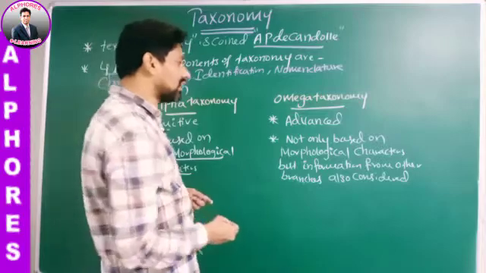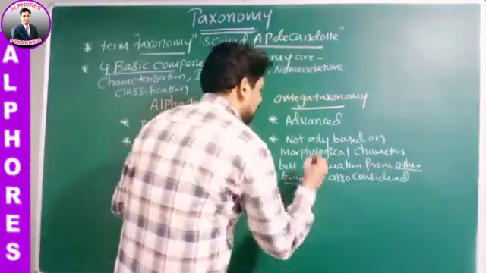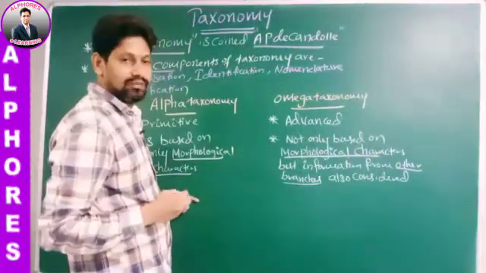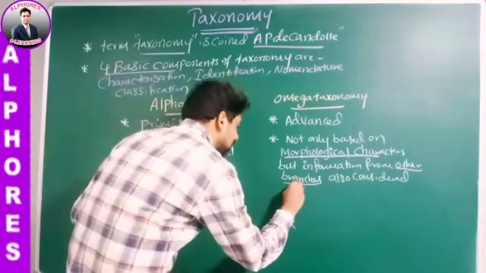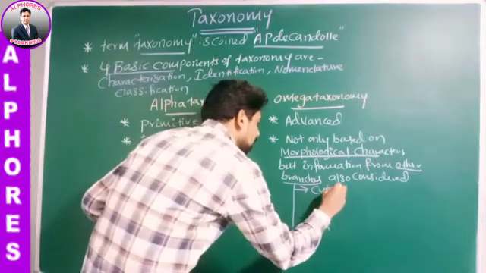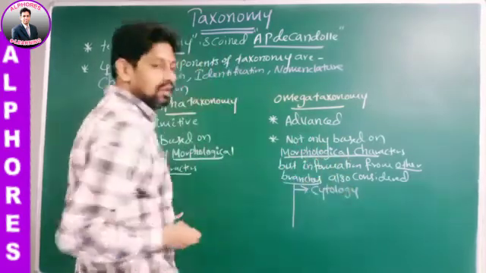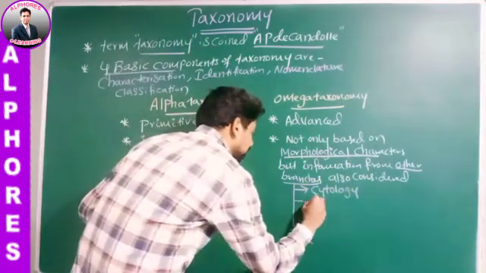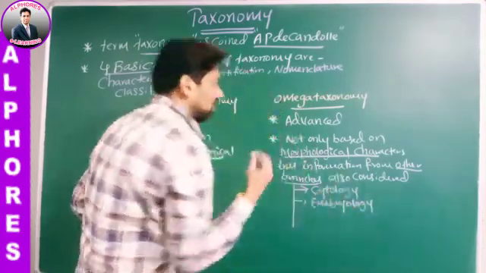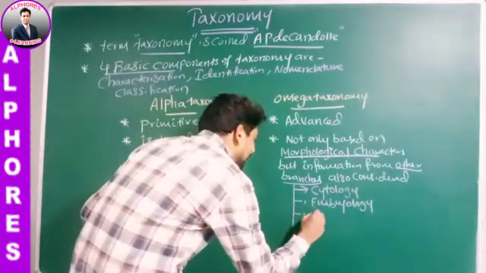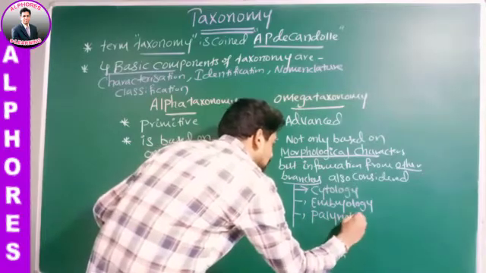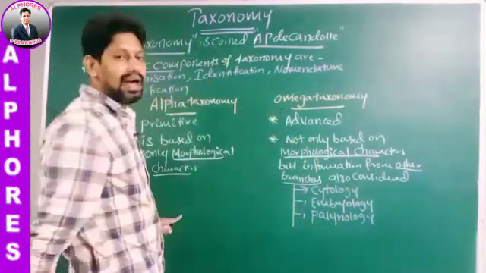What are the other branches from where the information is taken along with morphological characters? Number 1, cytology. Number 2, embryology. Number 3, palynology.